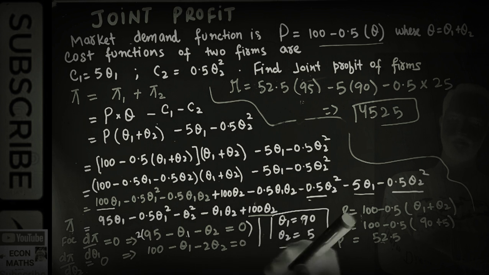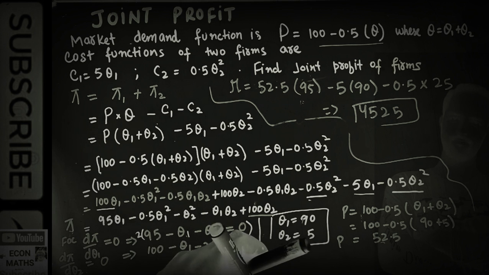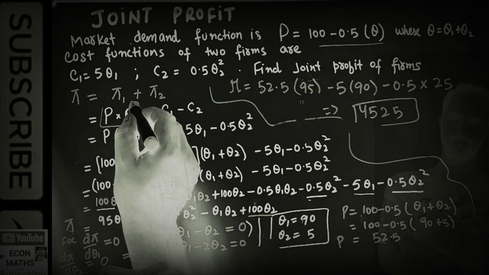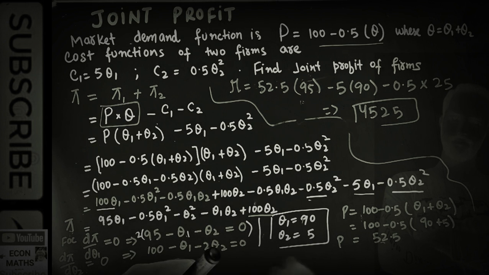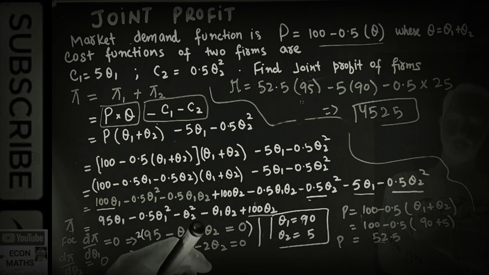We were told to find the joint profit of the firms. The total profit is equal to the profit of firm one plus the profit of firm two. This p into q denotes the total revenue of the two firms, and minus c1 minus c2 denotes the total cost of the two firms.